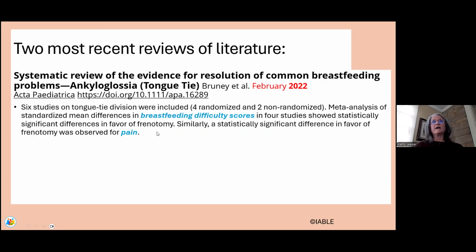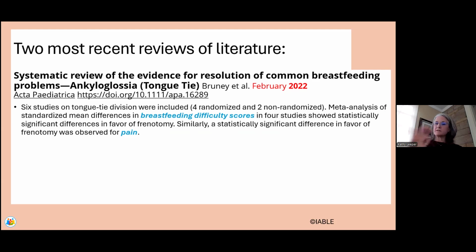And then they did an analysis of all of them together and decided that doing the frenotomy would help increase breastfeeding difficulty scores in 4 of the studies. And similarly, many of those studies showed a statistically significant difference in improving pain.